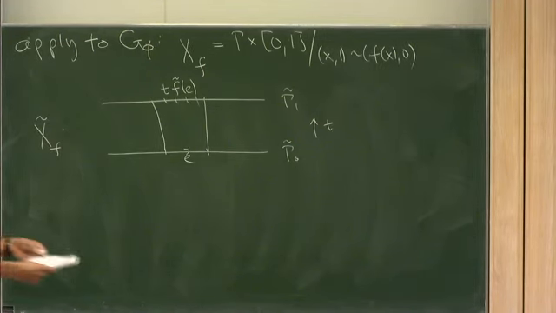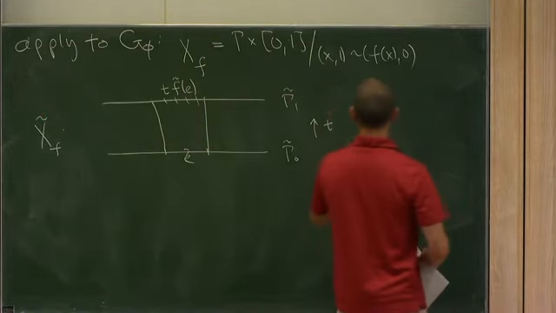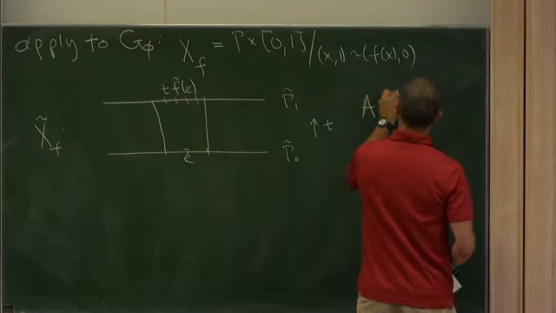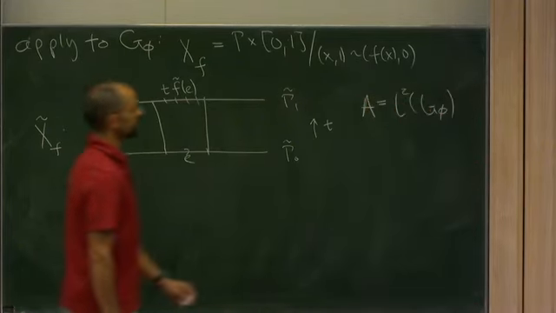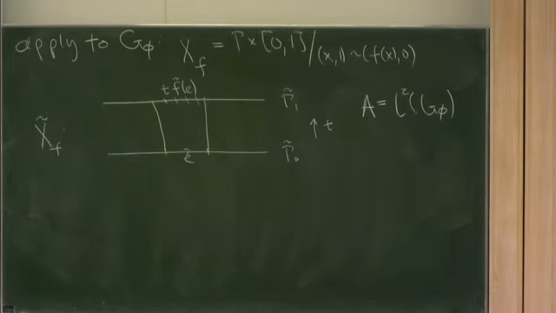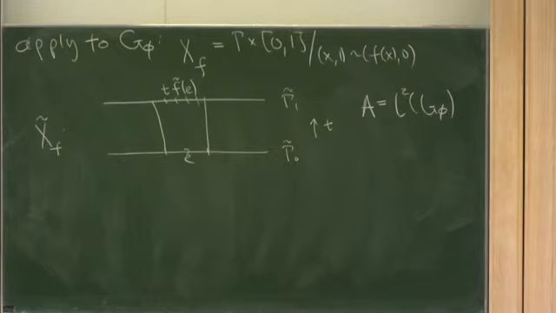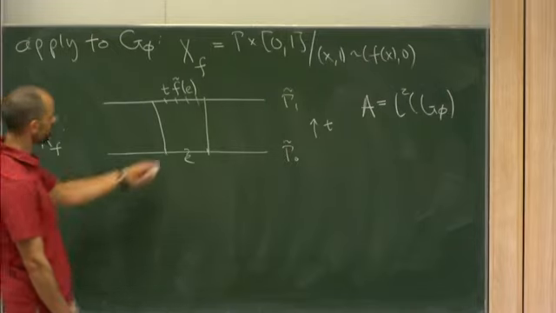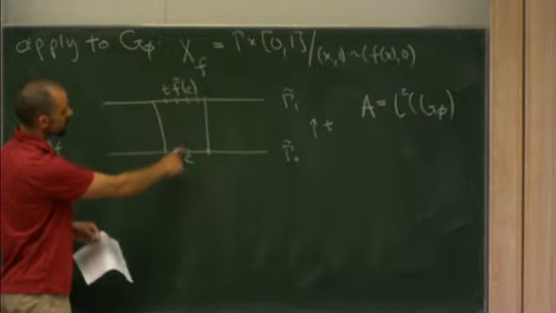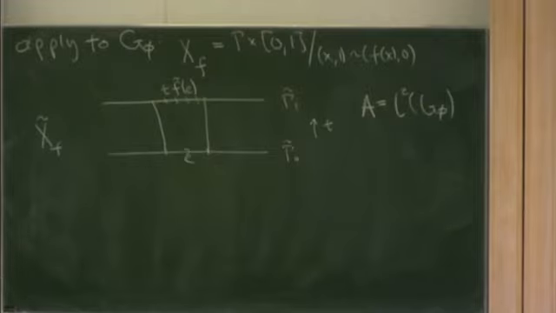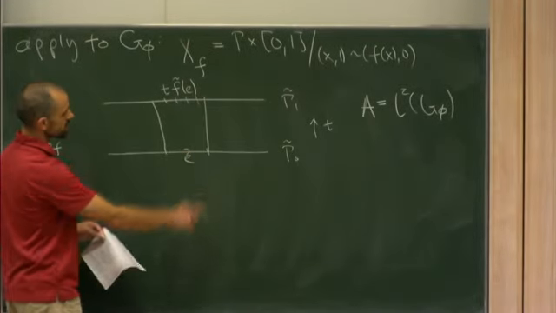Okay. So to make this a little bit easier to write, let me just think of L2 of the free-by-cyclic group. Let me just call that A. And so what does the chain complex look like? Well, every 2-cell in the universal cover has a unique bottom cell, so I just need to think about these horizontal edges.